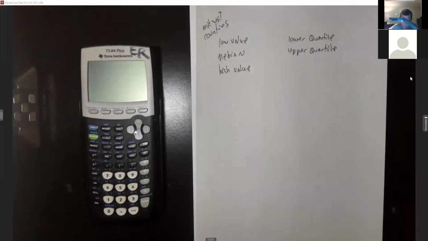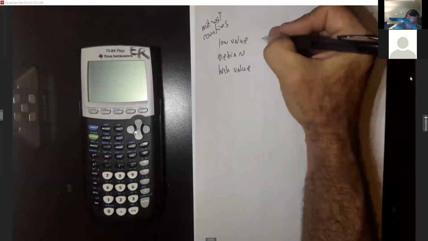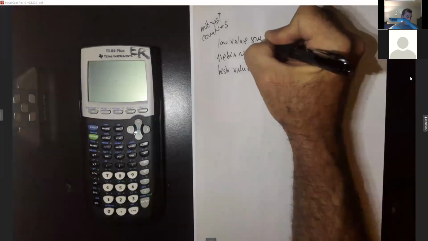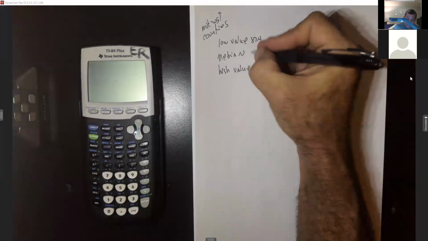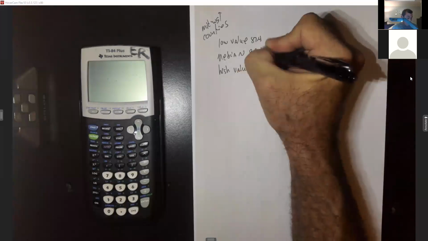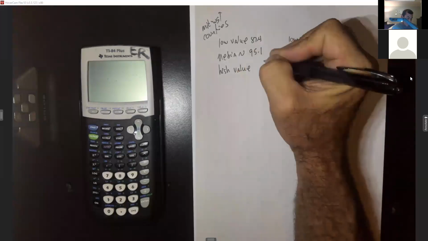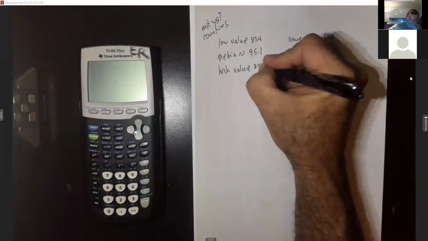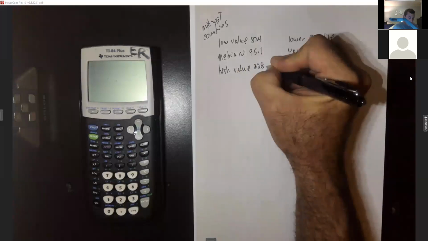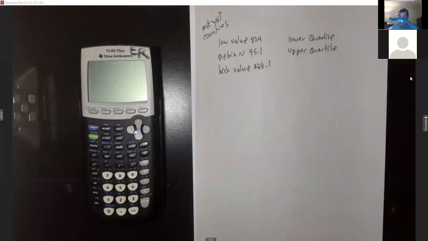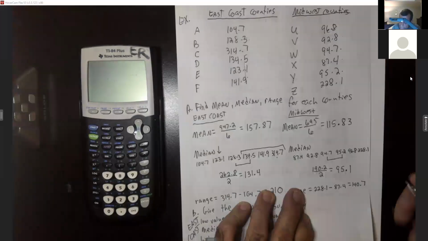All right, y'all ready? So we had the low value they gave us. We put them in order. That was what, an 87.4. We found that median to be 95.1. Our high value on that data was the 228.1. So let me put this down here because we're going to find our lower and upper quartiles off of this data.